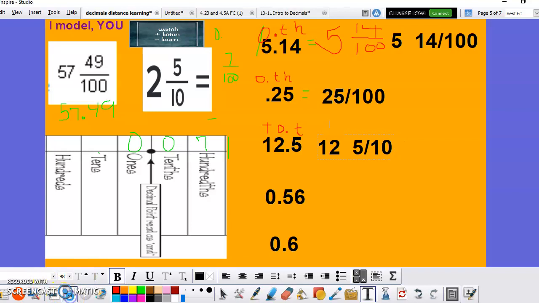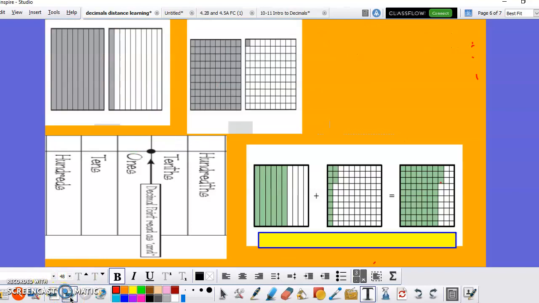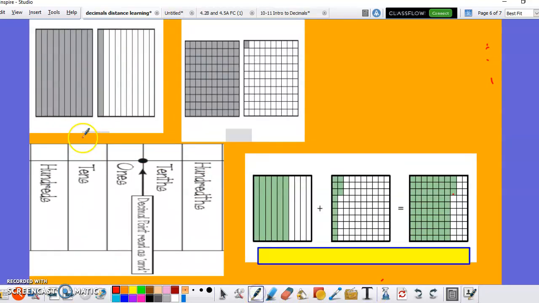Moving on, we can also have a fraction or a decimal represented as a pictorial model. So when I look at this, first thing I notice, I have two wholes. Both of them are divided into tenths, and this one is shaded all the way in. So I know that this one here would represent one whole. When I look right here, I don't have that many.